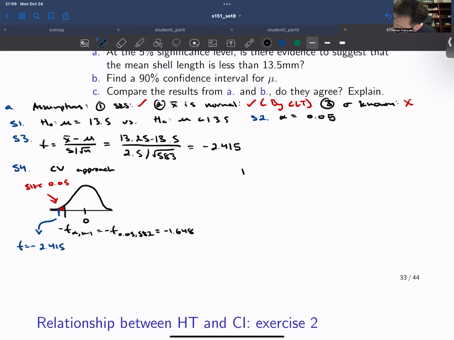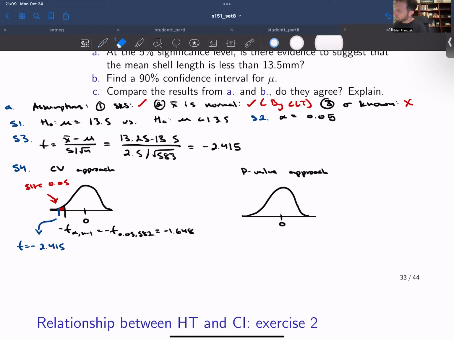Then if we take the p-value approach, we start by sketching our curve. We do the same thing. Now we mark down where our test statistic is. So here's t equals negative 2.415.